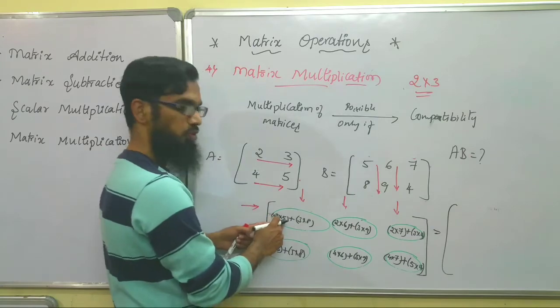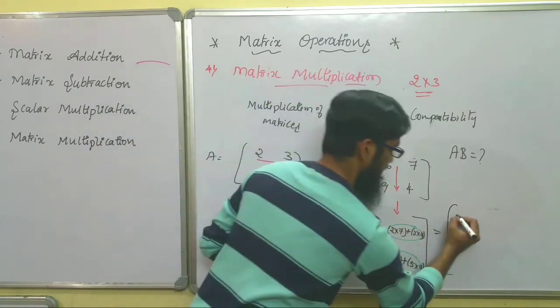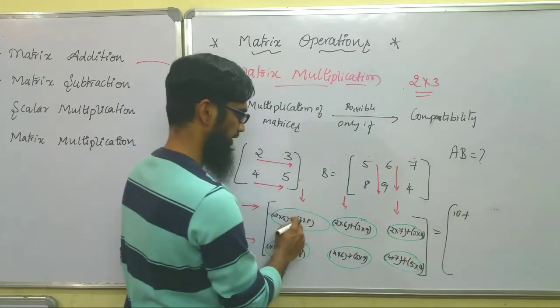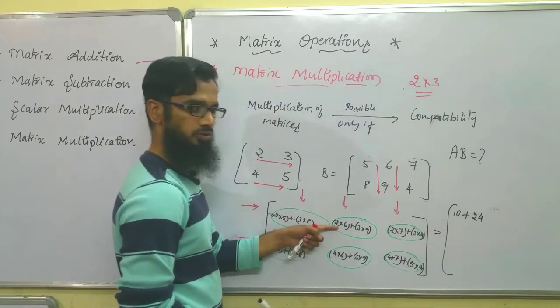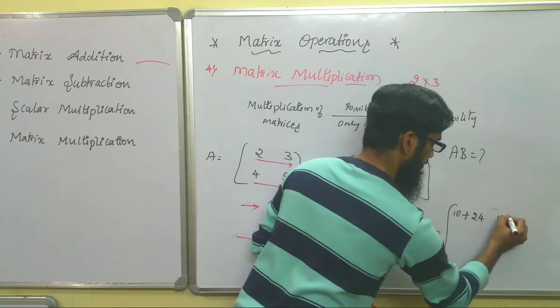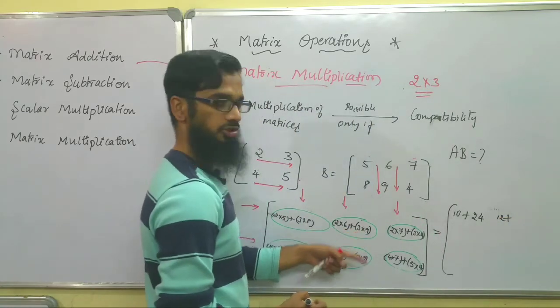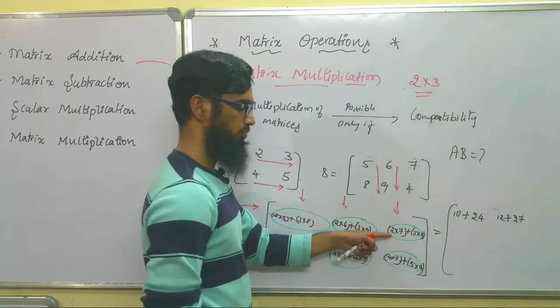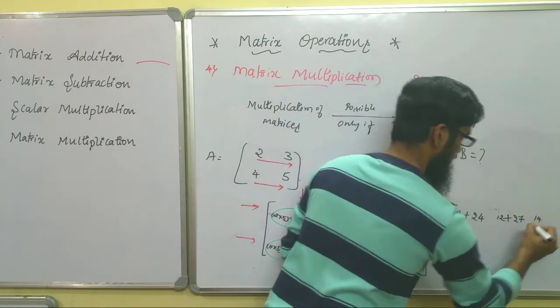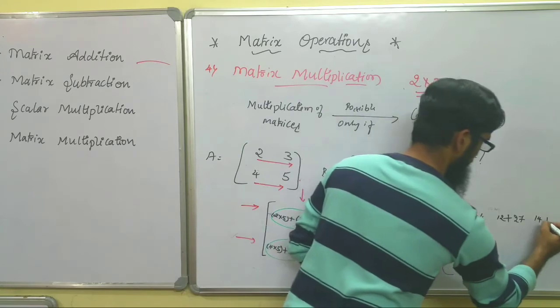So 2 5s are 10 plus 8 3s are 24. 2 6s are 12 plus 9 3s are 27. 2 7s are 14 plus 4 3s are 12.